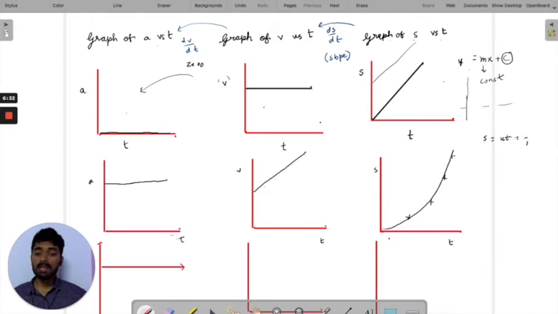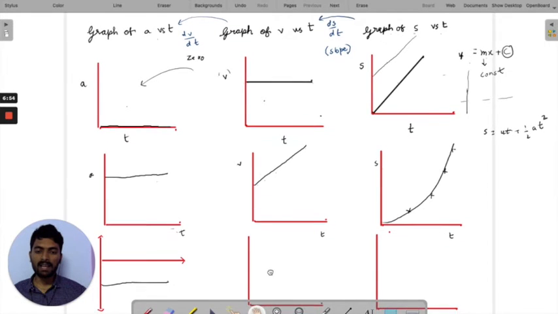Now let us see this other case where the acceleration is negative. How would you imagine that curve being? Right, when the acceleration is negative, the same a versus t, which is a constant, is just below the y-axis, which shows that it's a negative value.